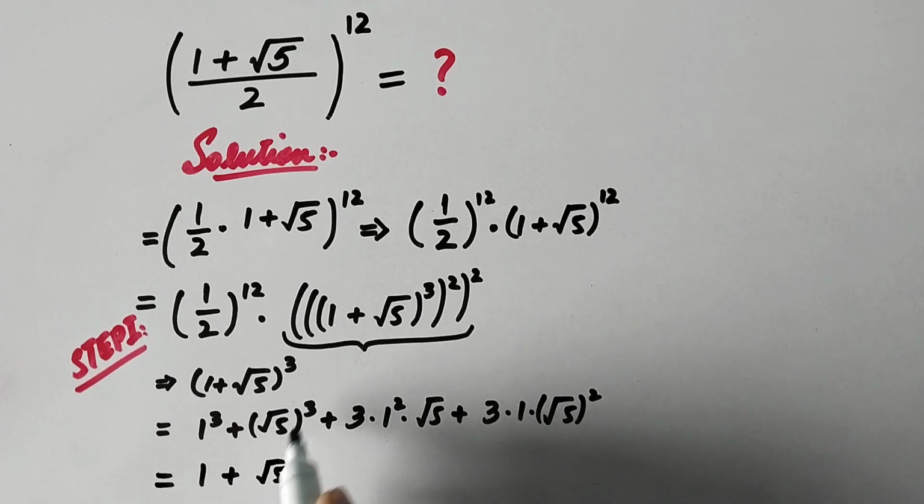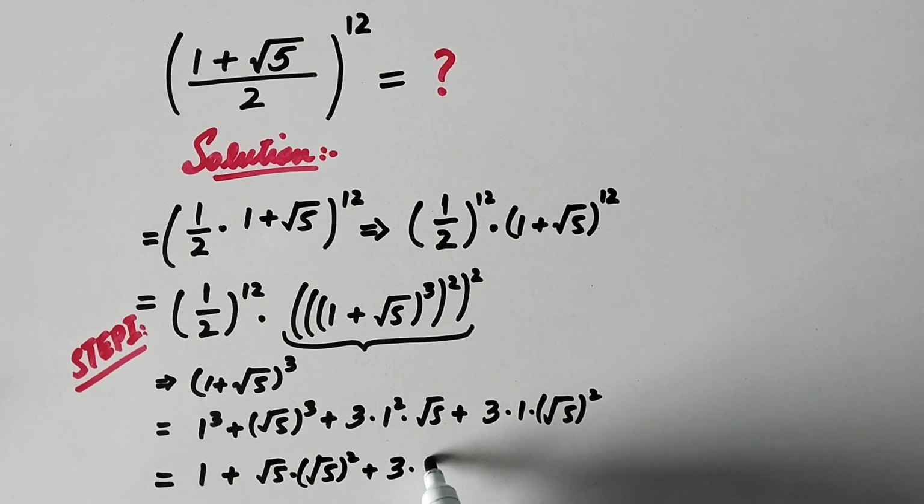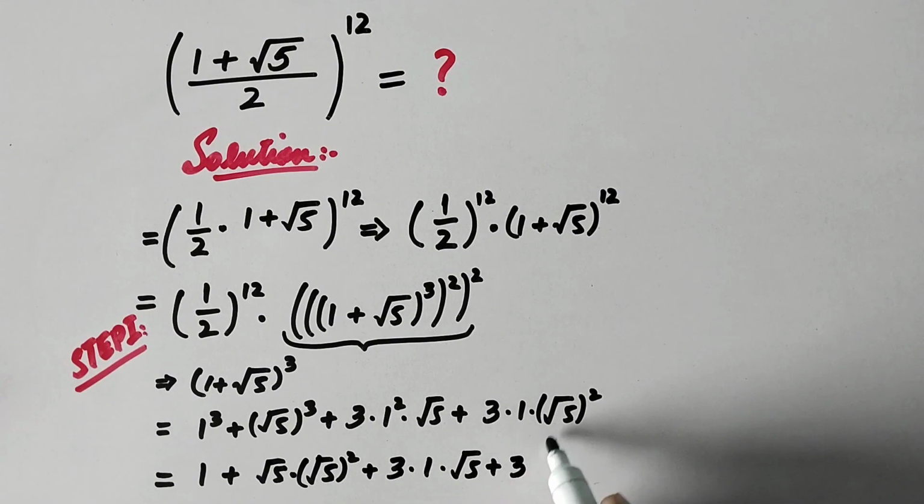So here 1 cubed is equal to 1, plus square root of 5 cubed is the same as square root of 5 times square root of 5 squared, plus 3 times 1 times square root of 5, plus 3 times 1 times square root of 5 squared.